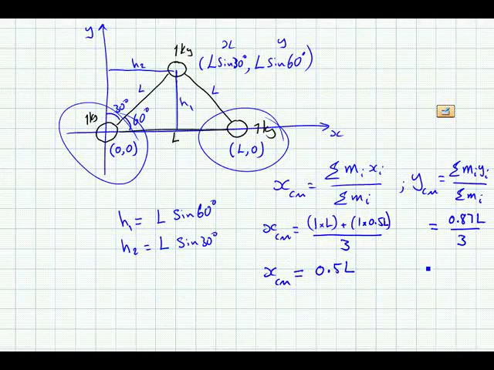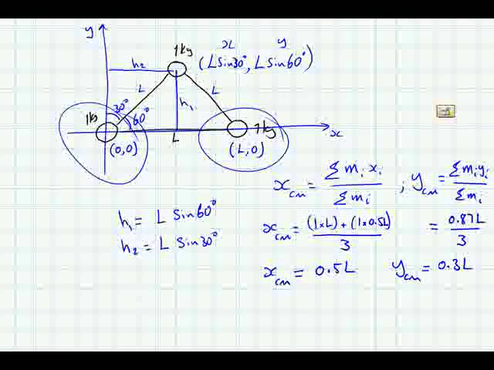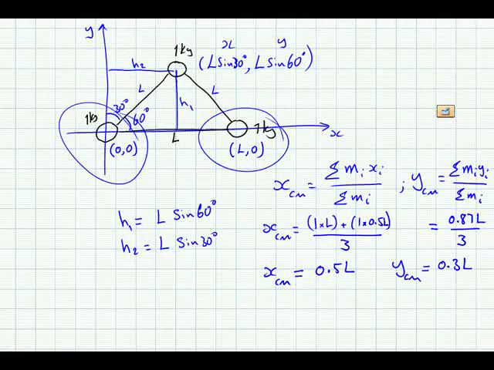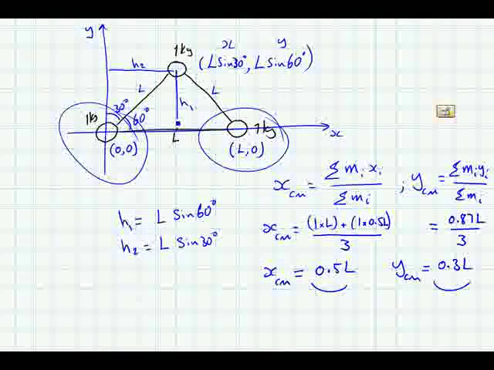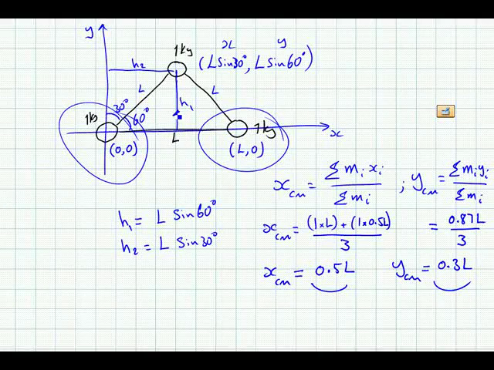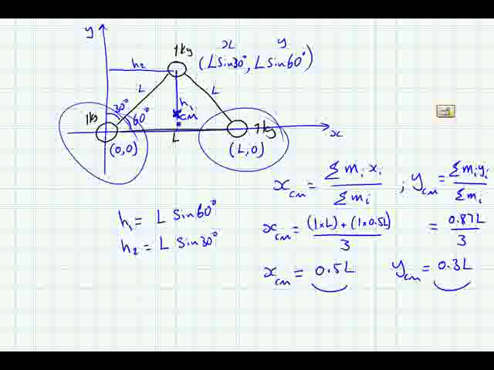So we end up with roughly 0.3 L for the y coordinate of the center of mass. Therefore, the coordinates for the center of mass are half an L and 0.3 L, somewhere here. So that's where the center of mass for this extended object would be, right where the x is.